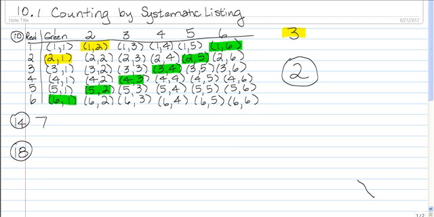Let me highlight that so we know which one goes with which problem. And so we have 1, 2, 3, 4, 5, 6 different ways to get a sum of 7, so let's put the word ways on there.